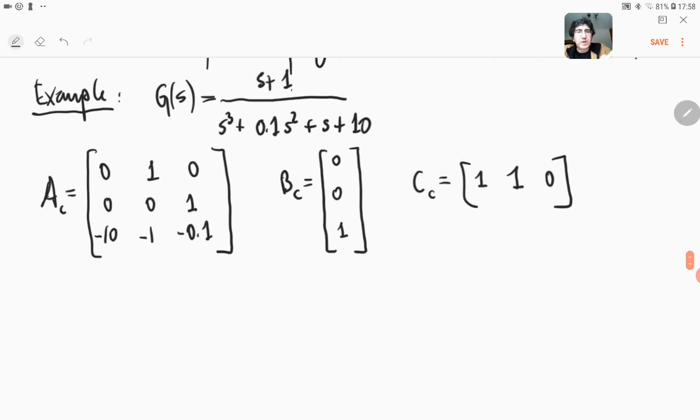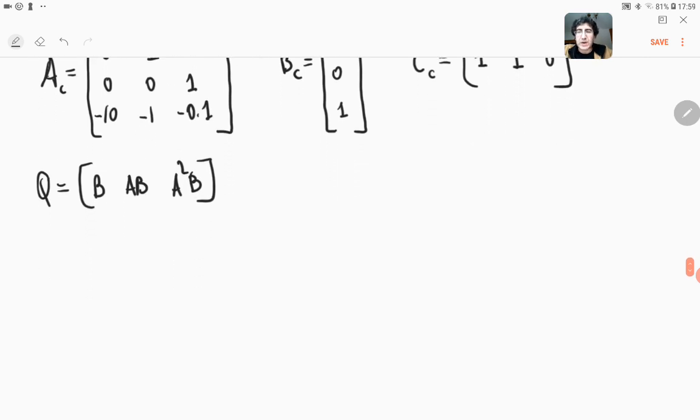Okay, so what about the controllability matrix Q? It is given by B, AB, A squared B. Now let's calculate A squared.